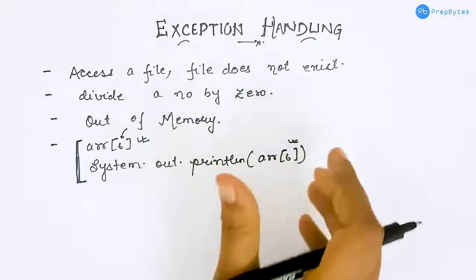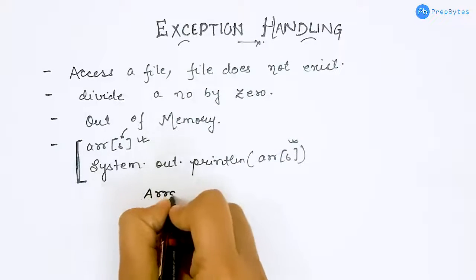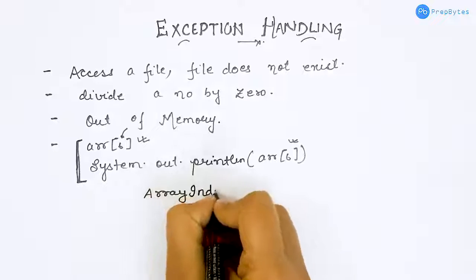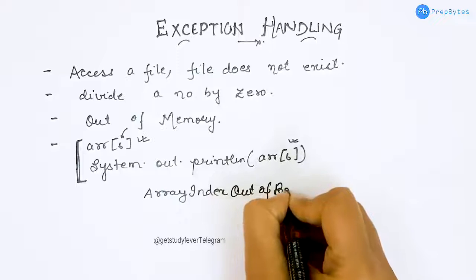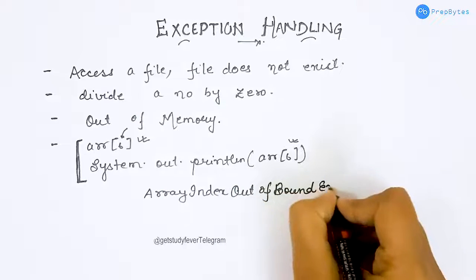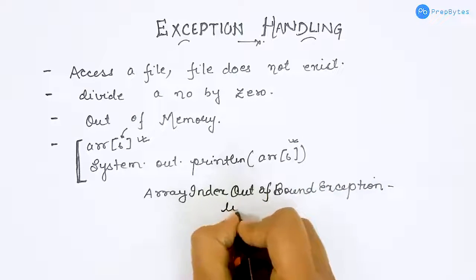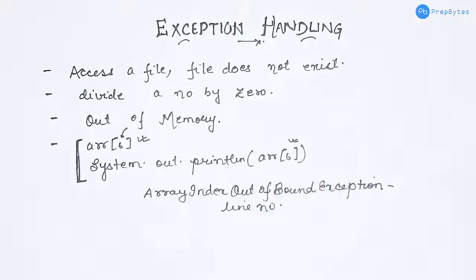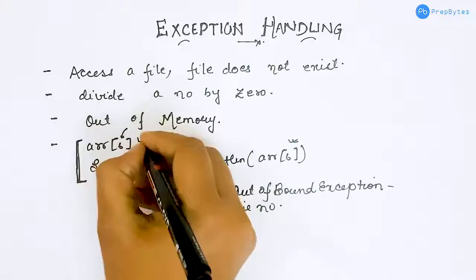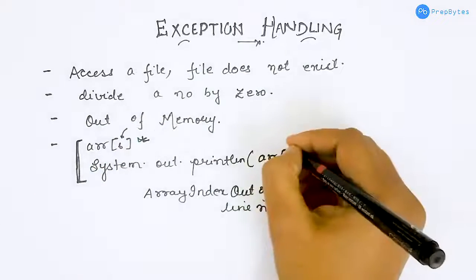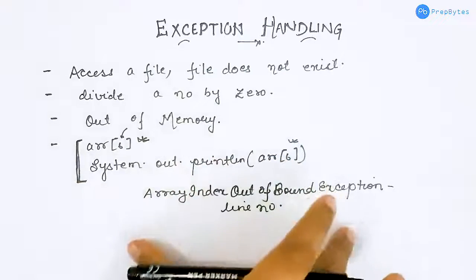What happens in this case is that you get a message, and let's say you get some line number. So let's understand what has happened here. We had code, we tried to access an index which does not exist, and when you run this, you get some message like this.